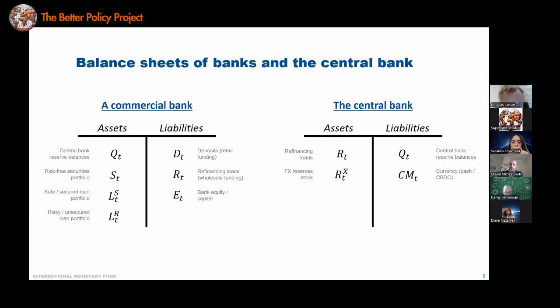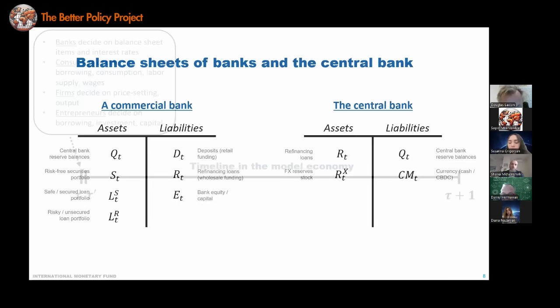One is refinancing loans, something that we will be using to understand how much liquidity the central bank is providing to the commercial banks, in this case on a lending basis. So that's representing net domestic assets. And then we will have this FX reserves stock, international reserves, like net foreign assets. So net domestic assets and net foreign assets, those are two types of assets that the central bank can hold.